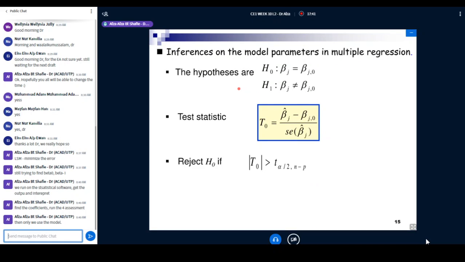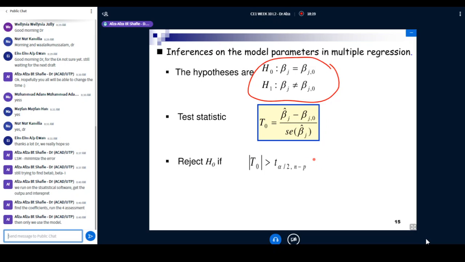In order to look at which of the X is important, we need to test the individual coefficients. The test statistic is the same, just like the simple regression. We take the value of beta hat minus the hypothesized value, which we always put as 0, because if the slope is 0, then that particular x does not matter, divided by the standard error.